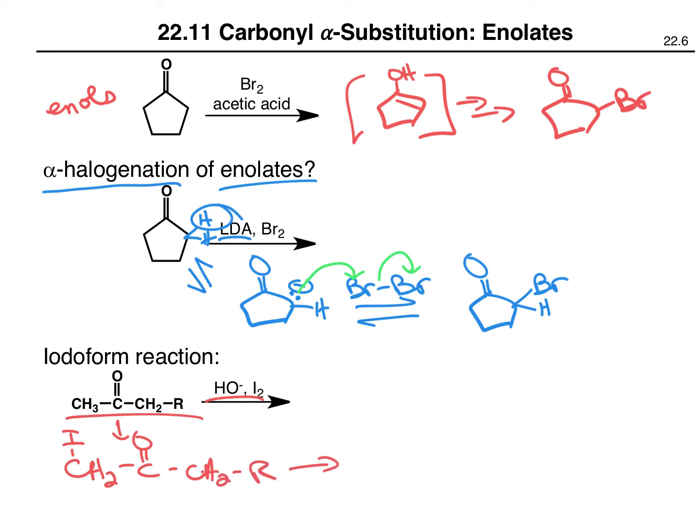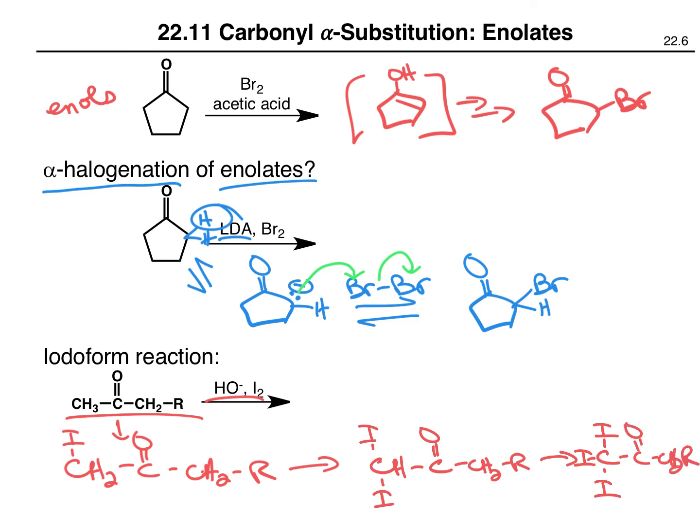Now, once this reaction has happened, this set of hydrogens is even more acidic, so it is happy to react again, giving us some of this. And then this can react again, giving us some of this.